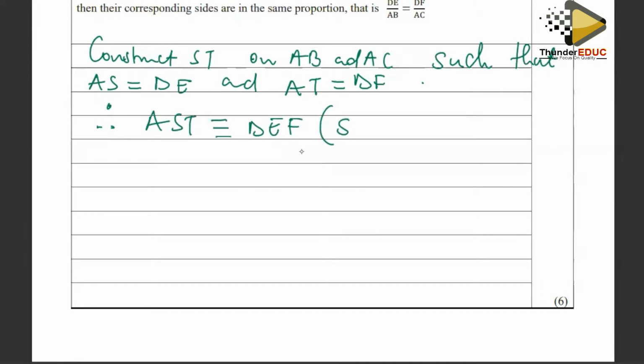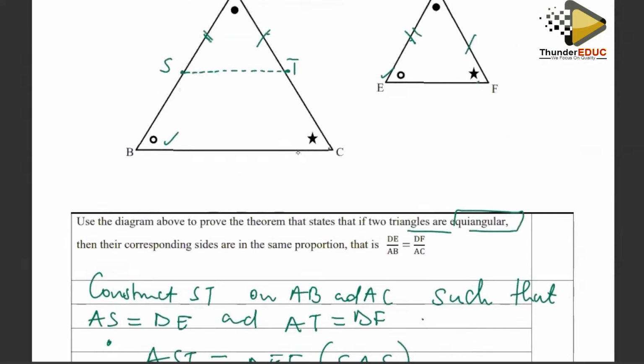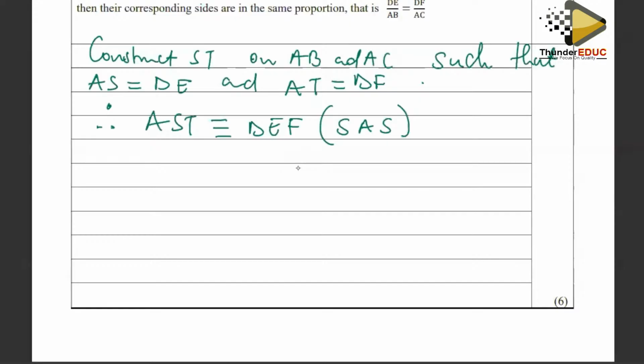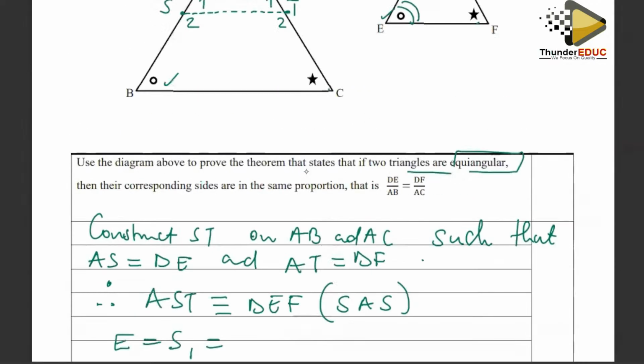Reason: side, angle, side. And if that is done, then we know that this angle E, I can say this is my S1, this is my T1, is the same as S1.